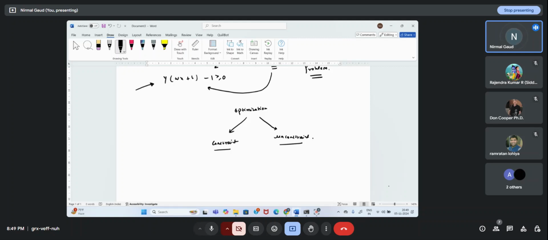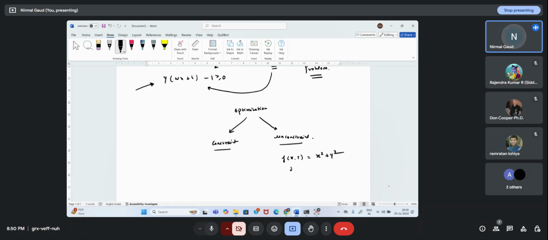The unconstrained optimization, this concept is same in calculus for finding maxima and minima. We have already done such kind of task. For example, you are having a function, okay, multivariate function like x square plus y square. I don't have any constraint here.